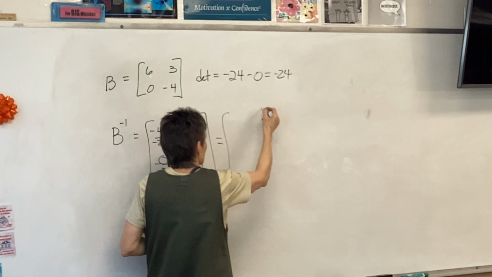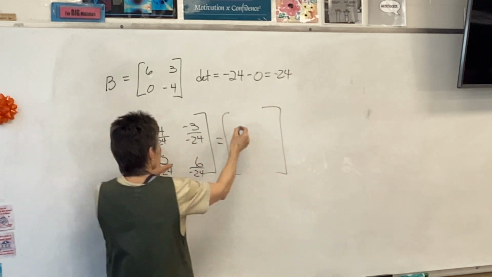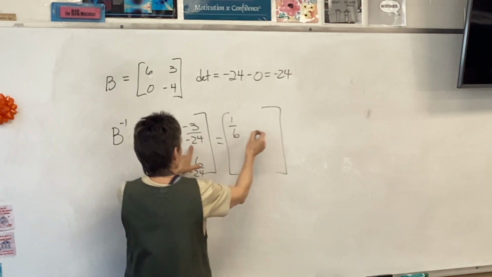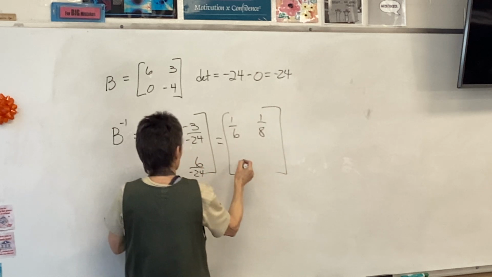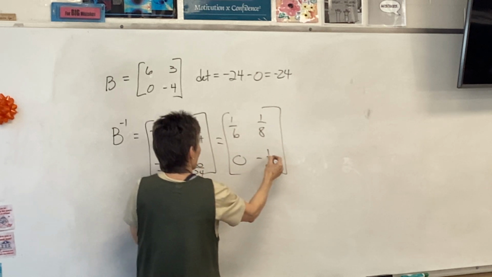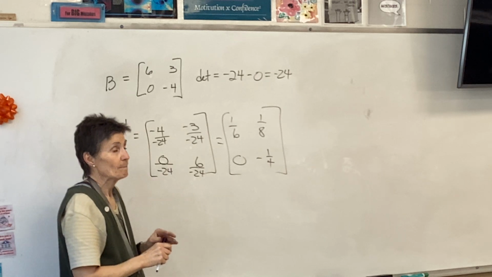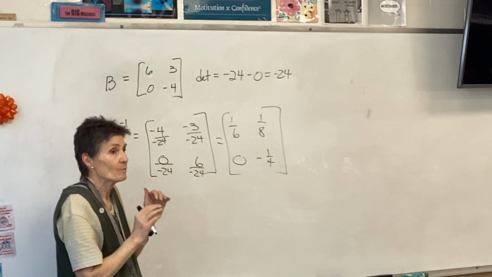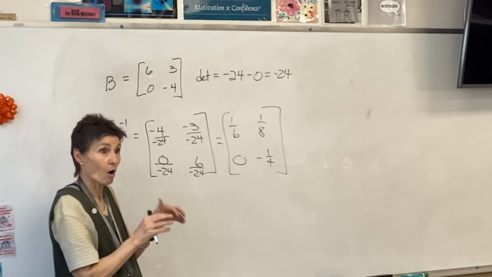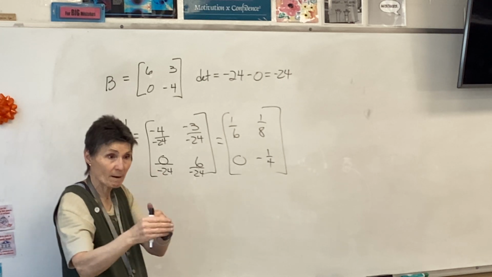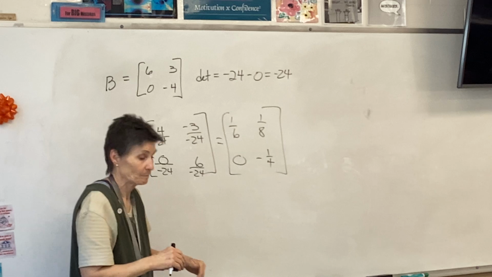And then reduce. So I'll get 1/6, 1/8, 0, and -1/4. That is my inverse. Nothing about this part of the unit is hard. It's just you have to remember the process.